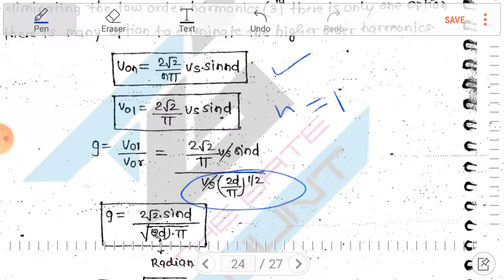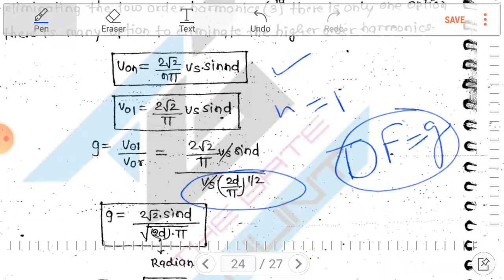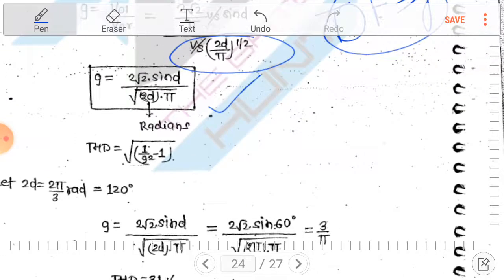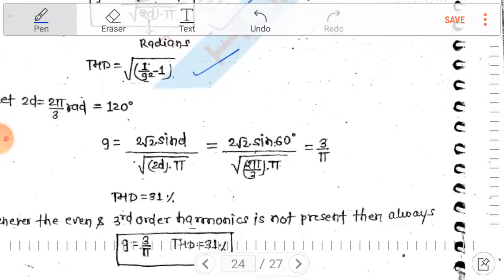By putting this in the formula of distortion factor G, we get V01 by VOR equal to 2 root 2 by pi Vs sin D divided by Vs (2D/pi)^(1/2). From this formula we obtain the distortion factor, and by putting this distortion factor formula in THD, we get the total harmonic distortion.